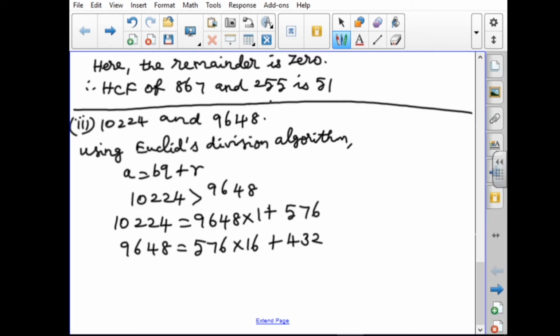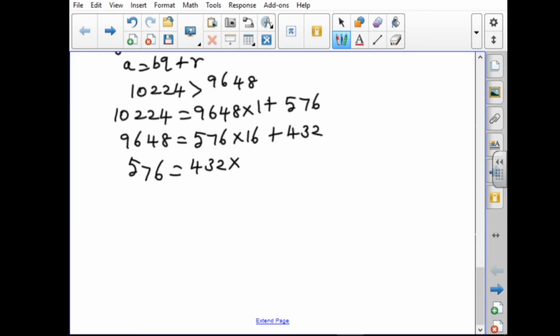Here the divisor will be coming to the dividend. So 576 equal to, the remainder will be coming to the divisor, so 432 into 1 time, the remainder will be 144. It is coming to the divisor. So 432 equal to 144 into 3 plus 0.